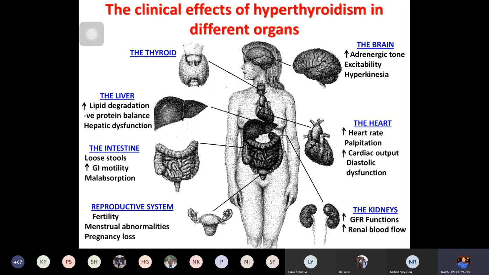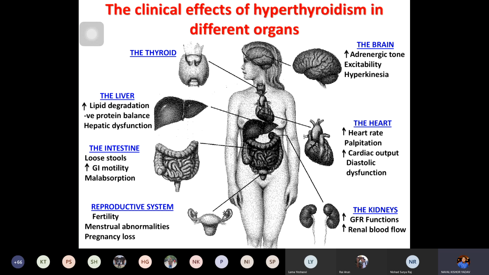In the reproductive system, you can see effects on fertility, menstrual abnormality, and pregnancy loss. In the brain, you can see increased adrenergic tone, excitability, and hyperkinesia.